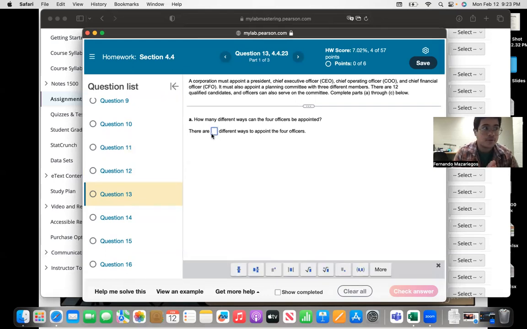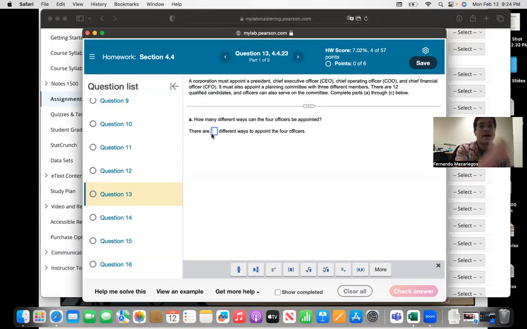Okay, first of all, let's see if this is a combination or a permutation. Notice this is without replacement because we cannot have the same person be the president and the CEO. And notice that the order matters, because if I select John first and Mike second, that means John is president and Mike is the CEO.